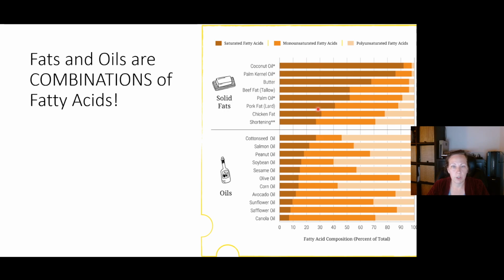Okay, monounsaturated and polyunsaturated fatty acids, because of those double bonds, both tend to be liquid at room temperature. So the more mono and polyunsaturated fatty acids that you have, the more likely your lipid is going to be oil, liquid at room temperature. Now, the more polyunsaturated fat that you have, the definitely more likely that your lipid will be oil and liquid at room temperature.